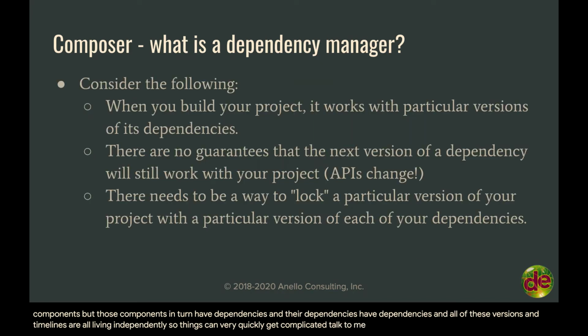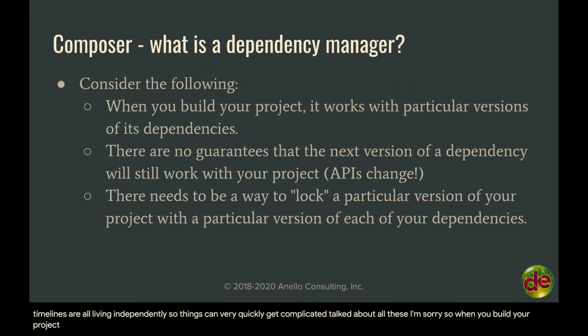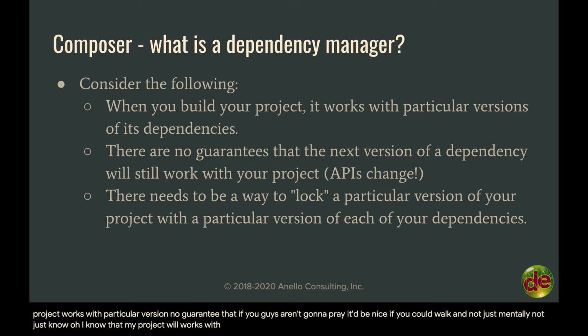So when you build your project, it works with a particular version, with no guarantee that APIs aren't going to break. It'd be nice if you could lock. And not just mentally, not just know, oh, my project only works with this version, but make it so it's difficult and codified for someone to accidentally put a new version in your code base.